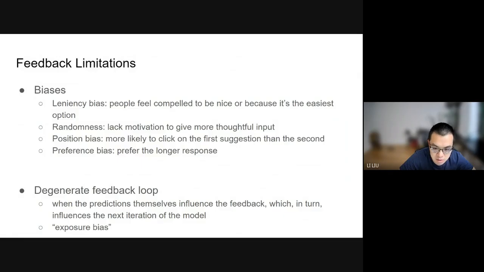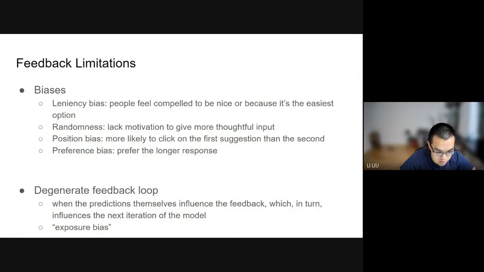Randomness, where they just give a random answer without thoughtful input. Position bias is where the user will find the first suggestion, or the options that appear at an earlier index, look better. Preference bias, where the user usually thinks the longer response is better.